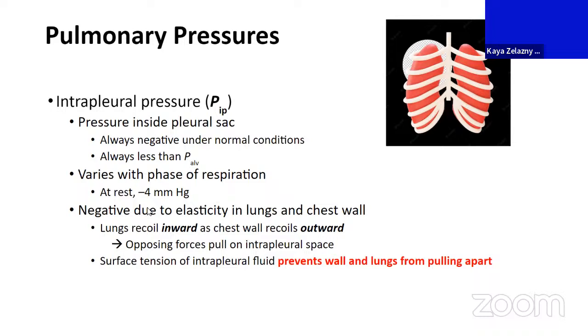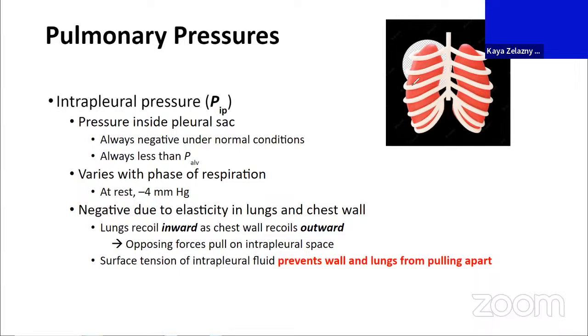The reason it's negative is what's happening with the lungs when we have recoil. Your lungs want to collapse, annoying, but they do, right? So the edge of the lungs are pulling in, and your ribs kind of want to expand, so your ribs are pulling out. Those are their directions of recoil.